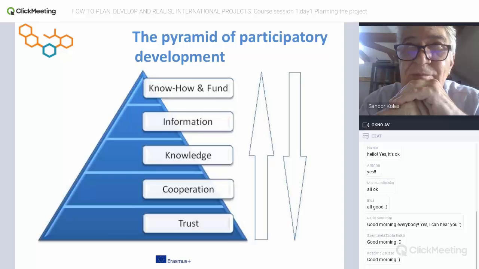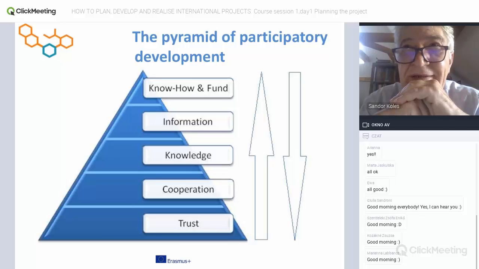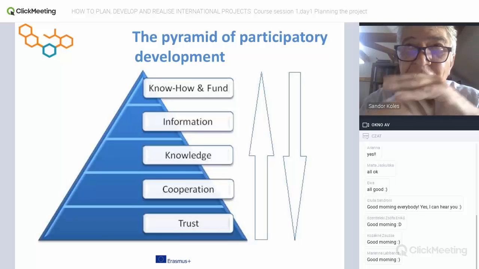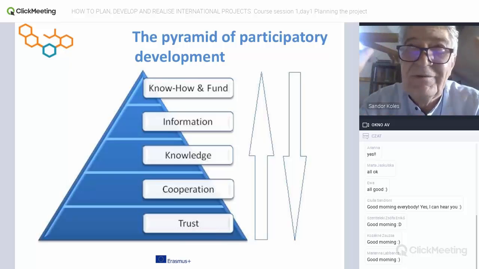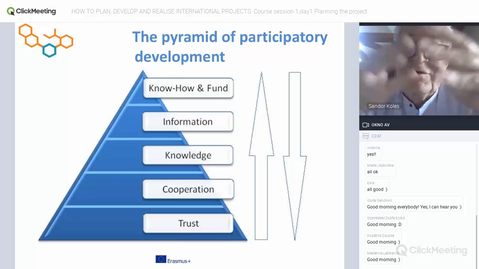It is just to put money into this pyramid from the top, which means to pour fuel into the car which doesn't have an engine. And of course something can happen, but you can make real changes, which is your main goal.